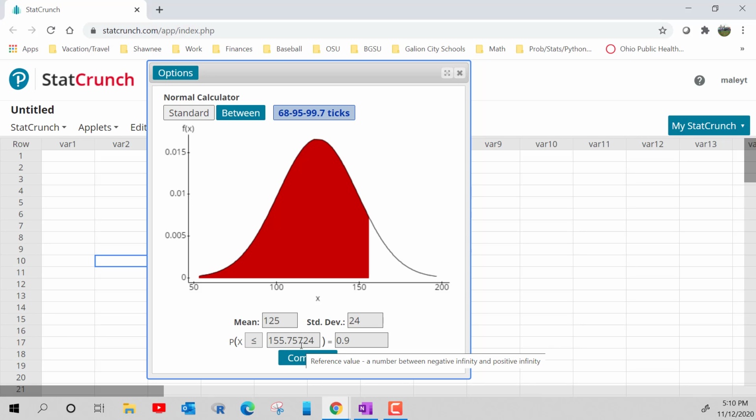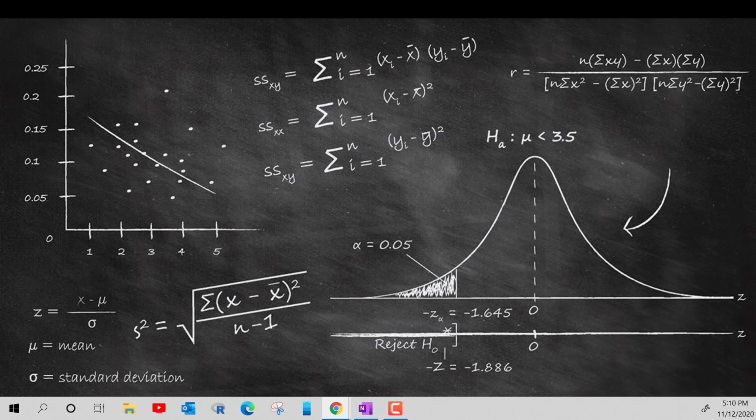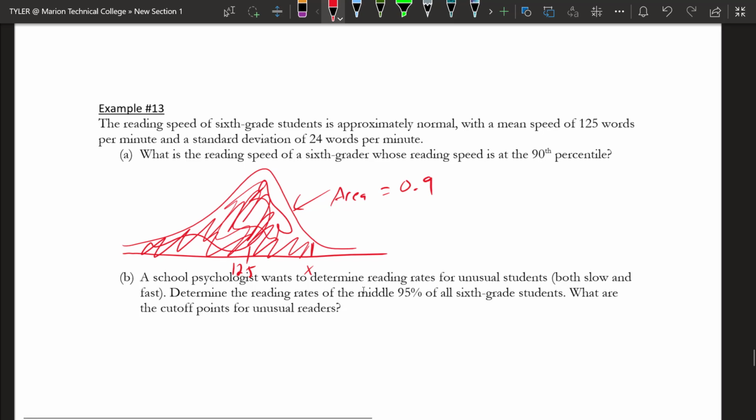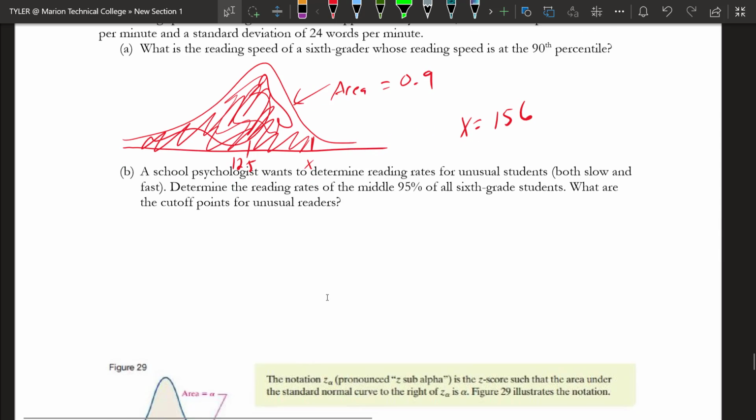And probably these reading scores are given rounded to the nearest whole number, right? So if we round that, that would be 156. Right, so x equals 156. So the reading speed of someone at the 90th percentile would be 156 words per minute.